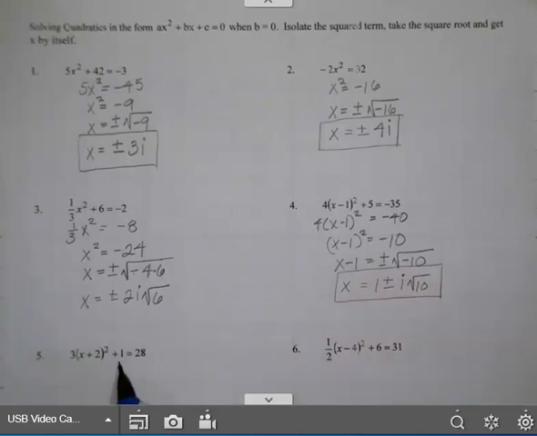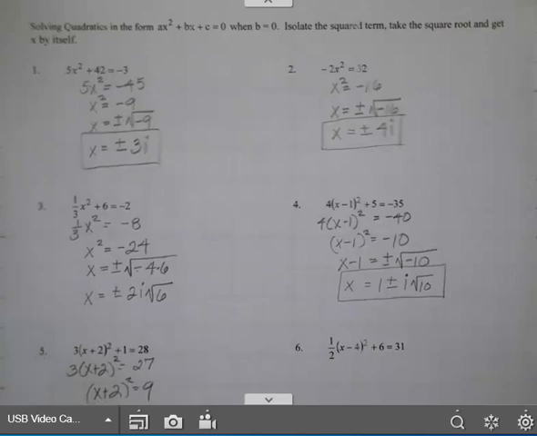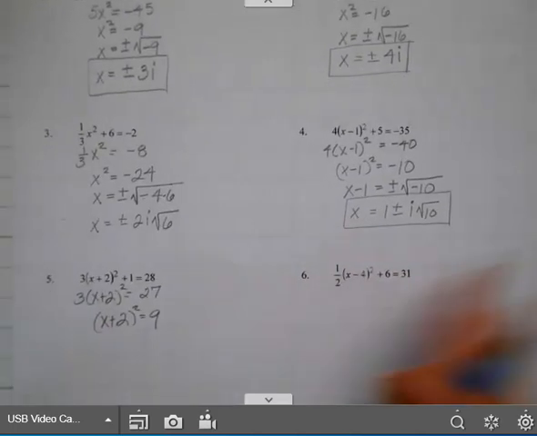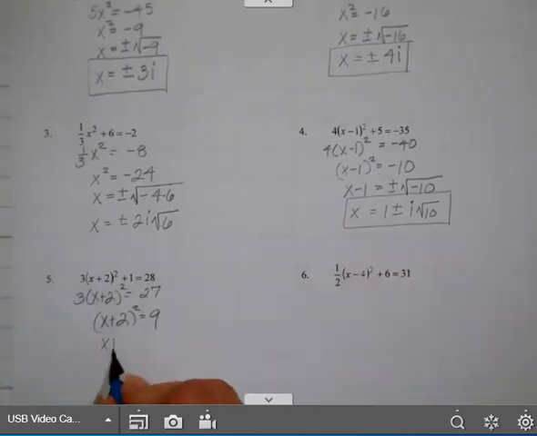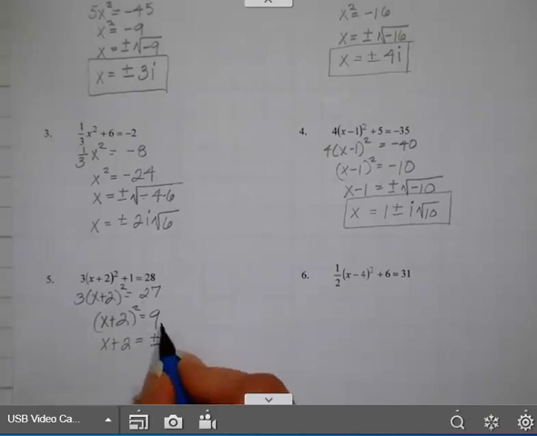On number 5, I'm going to subtract 1 from both sides. Then divide by 3. And now I'm going to take the square root. Square root of 9 is just 3.